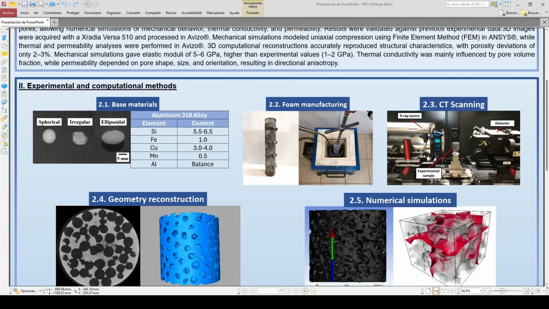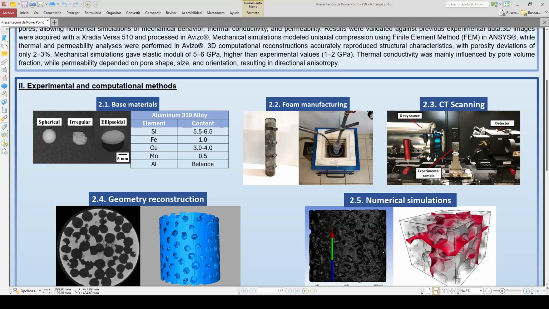Then the second step for this process was the foam manufacturing. In this case, we used an infiltration device that was developed by our research team and also was patented a few years ago. As you can see, it consists of an infiltration chamber.